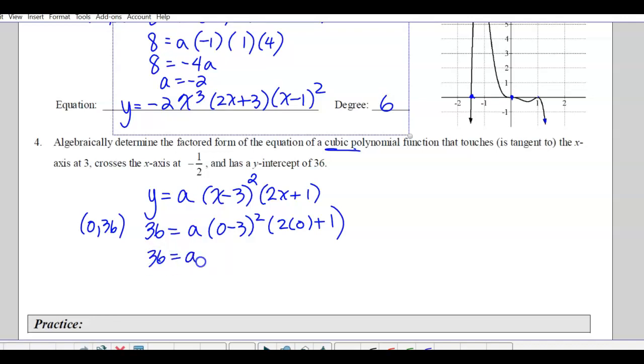So that's a times 9 times 1. So a will equal 4. Okay, and then replace that. Okay, and now you can get started on the practice.